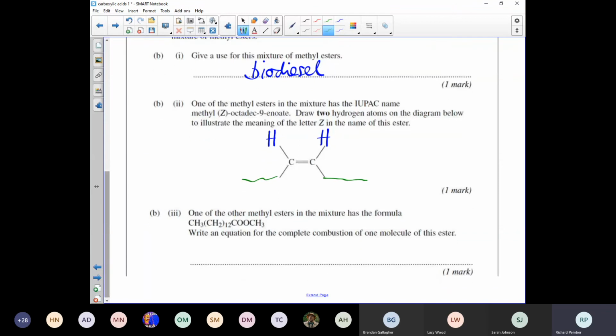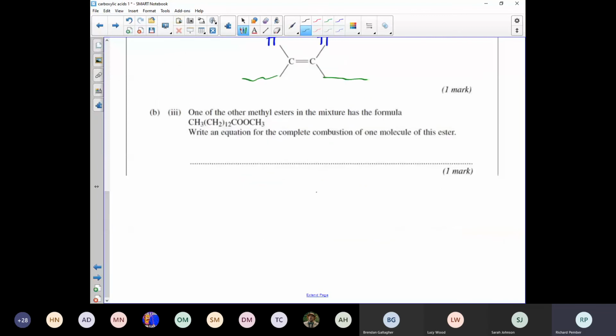One of the other methyl esters has this formula, write an equation for the complete combustion. You could do it just as CH3, CH2, 12 times. So here's the ester. I might be tempted at this point just to lump all the carbons, the hydrogens and the oxygens together, even underneath, even if I left that as my molecule in the equation.